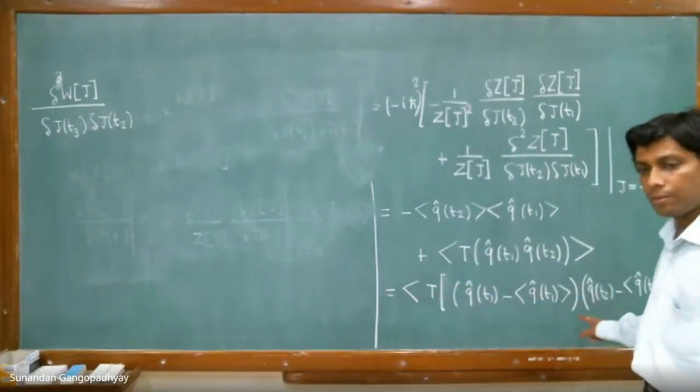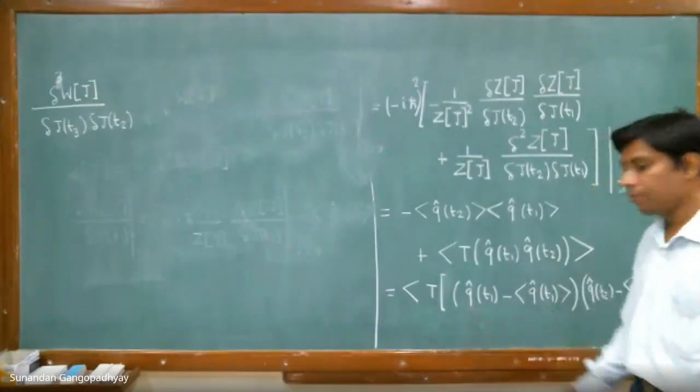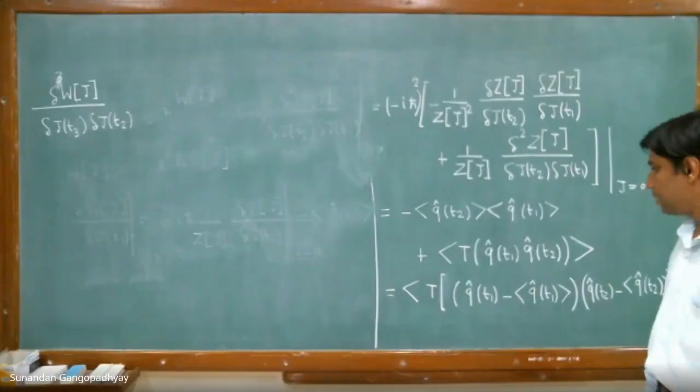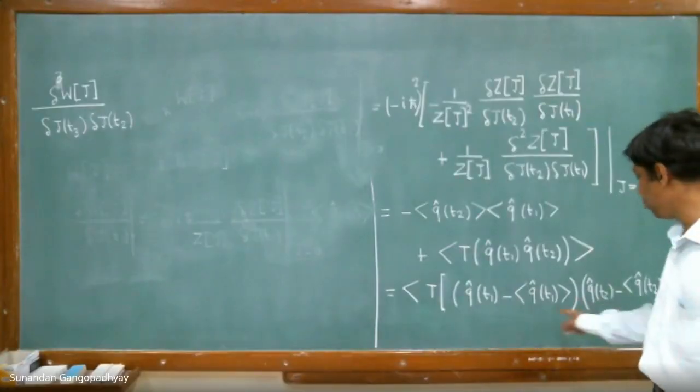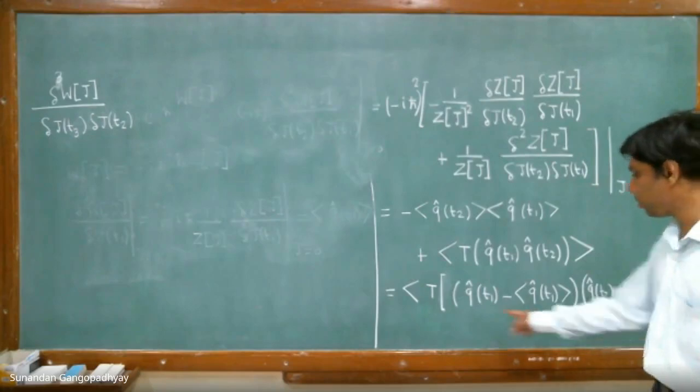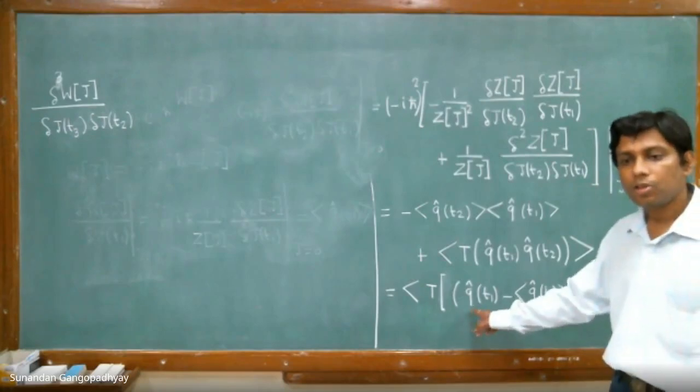And this multiplied by this will give you what? The same thing with the minus sign. They are both the same terms. They will not cancel until I have a plus sign. Hang on, just wait a bit. Do you agree this will give a minus and this will also give you a minus? So they will add up.